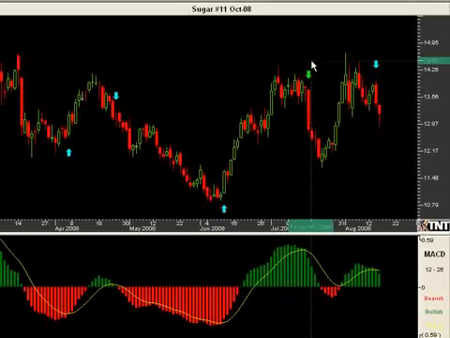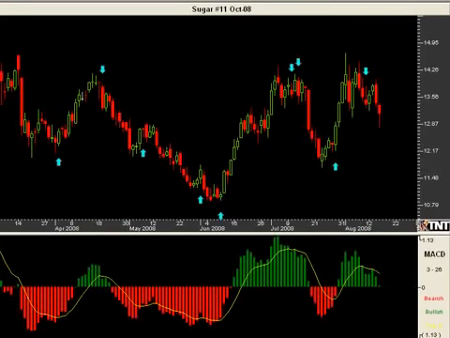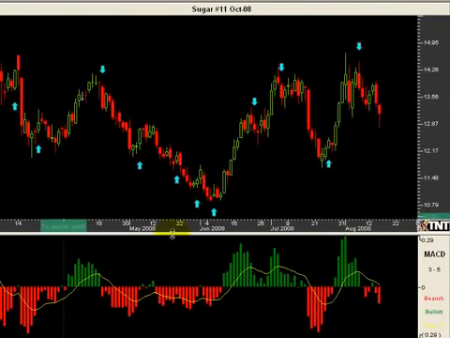Now, as I mentioned, MACD is a useful indicator, but it is painfully slow. To offset that, I actually use a slightly different group of settings to speed it up. Quite honestly, I don't know where I got these settings from. I think a friend gave them to me many years ago, but they seem to work pretty darn well.